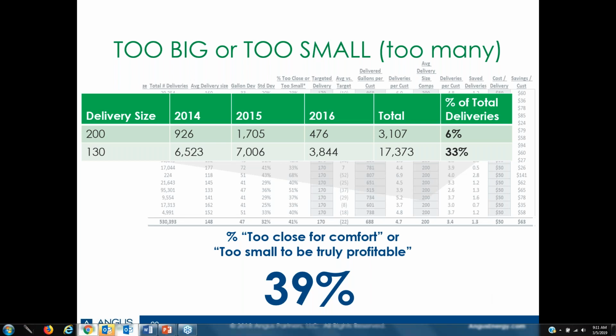So if you look at the bottom of the screen here, 39% of those deliveries were either too close for comfort or too small to be profitable, and 1/3 are too small to be profitable. This is an issue that we have. We don't want to be going out and delivering 80, 90 gallons, knowing that a typical delivery costs somewhere around $65, which is a study that we did and Gray backed up. You're not going to make much money if you're doing those, so we need to work on those.